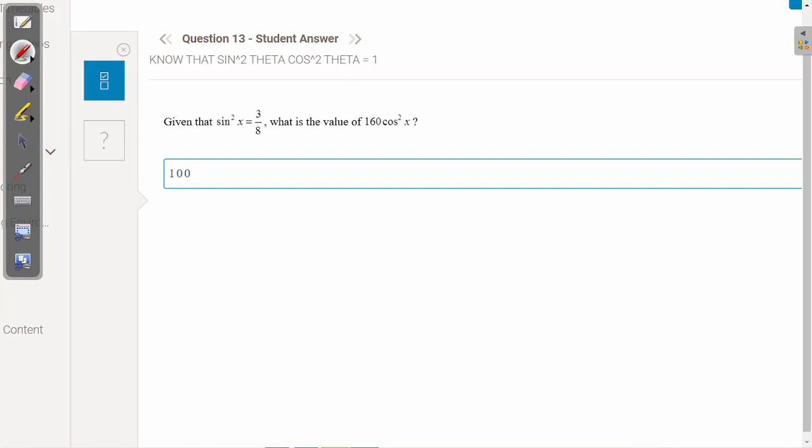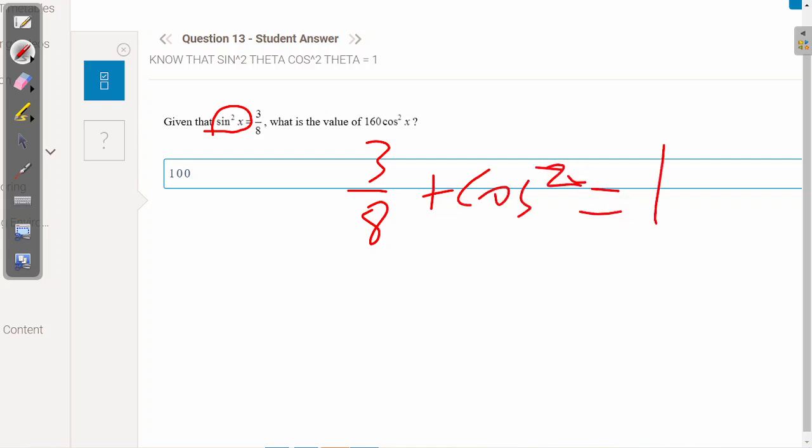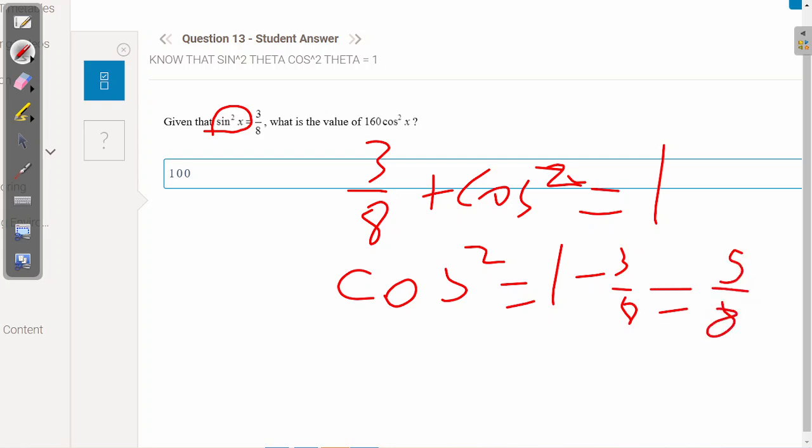It's the same as the other one, but they put sine squared equals 3 over 8. So you don't have to do the 3 over 8 squared, just immediately 3 over 8 plus cosine squared equals 1. So cosine squared equals 1 minus 3 over 8, which is 5 over 8, because if you put 8 over 8, then 8 minus 3 is 5 over 8.